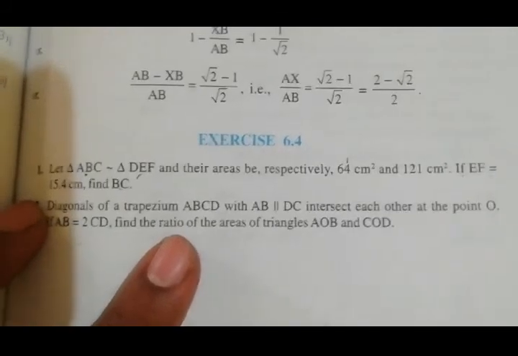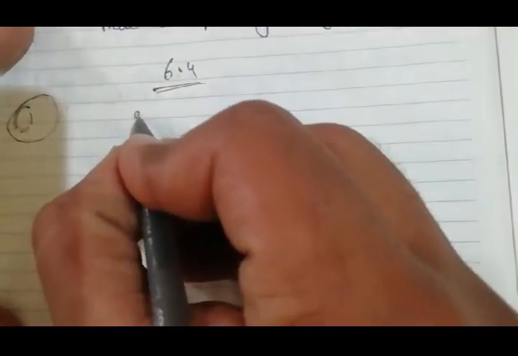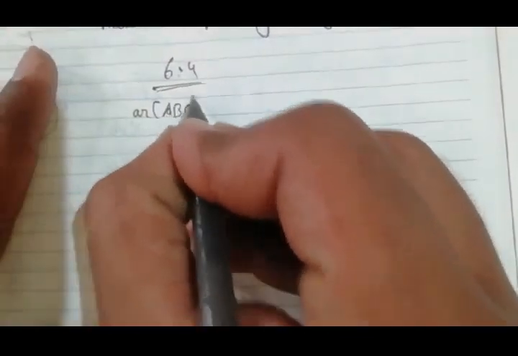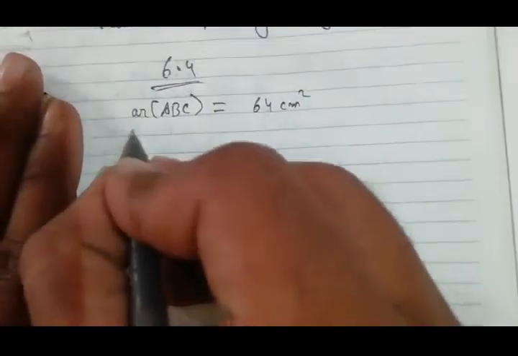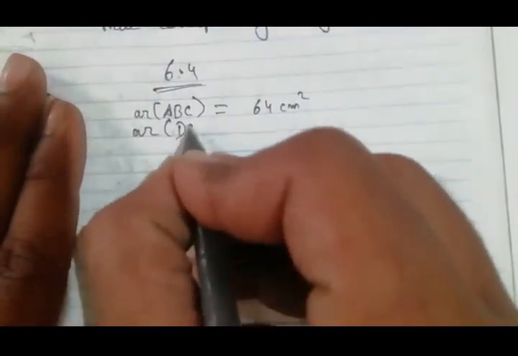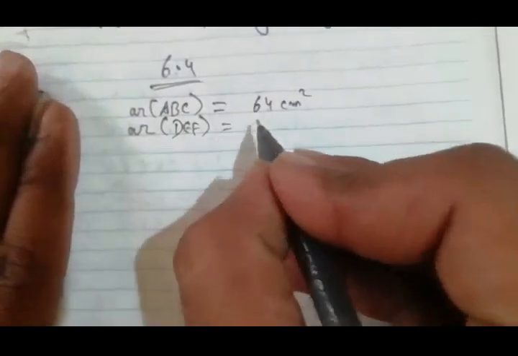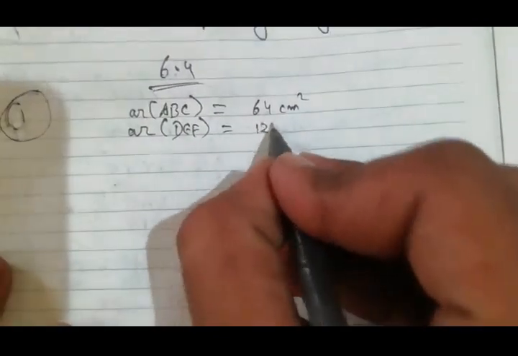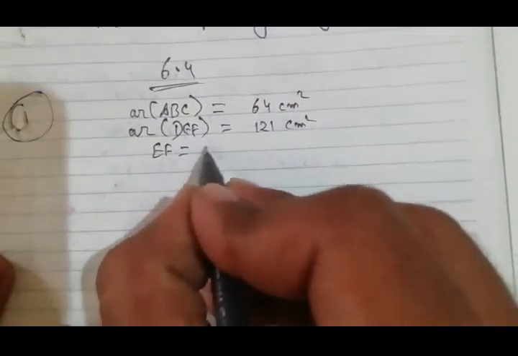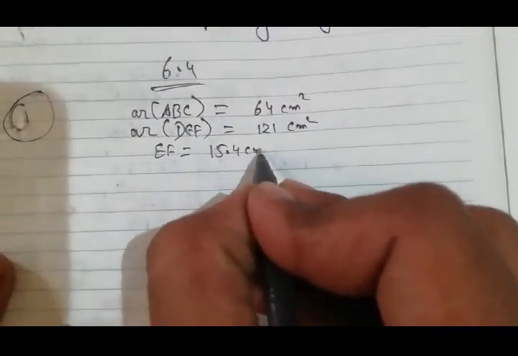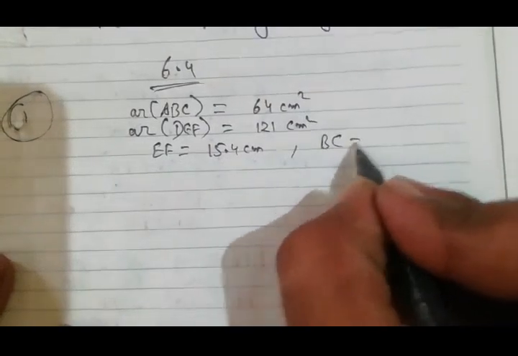For that, we have two similar triangles. First of all, let us write what is given. Area of triangle ABC is given as 64 centimeter square, and area of triangle DEF is given as 121 centimeter square. Now we have EF equal to 15.4 centimeter and BC we have to find.